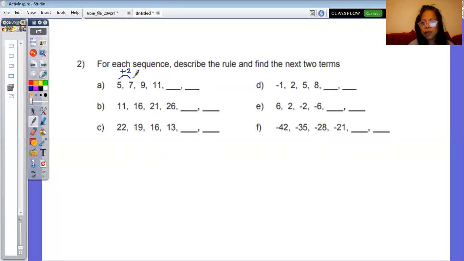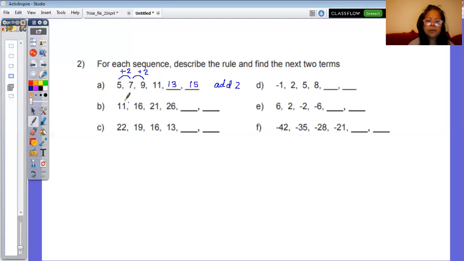You look at the two consecutive terms, 7 and 9, went up again, and that's plus 2. So you have verified the rule. So the rule is add 2, and therefore you keep adding 2: 13 and 15. These are odd numbers.